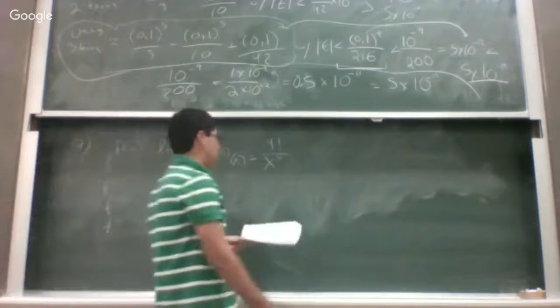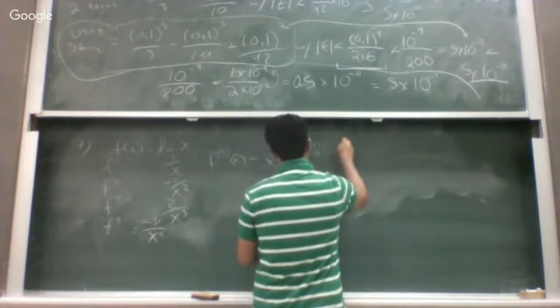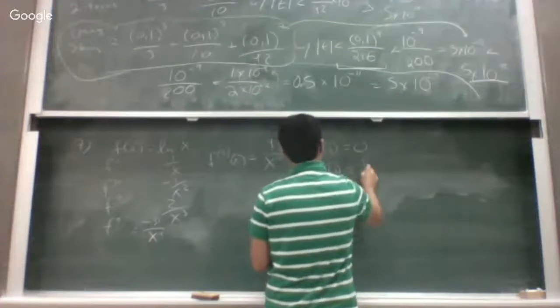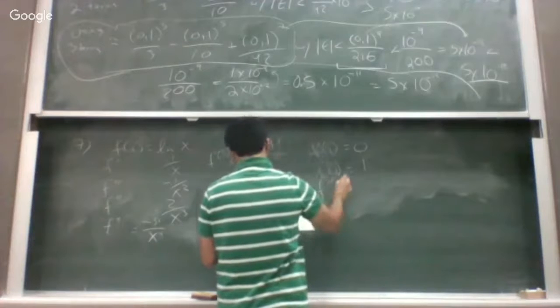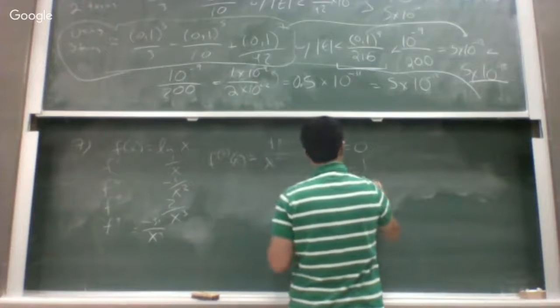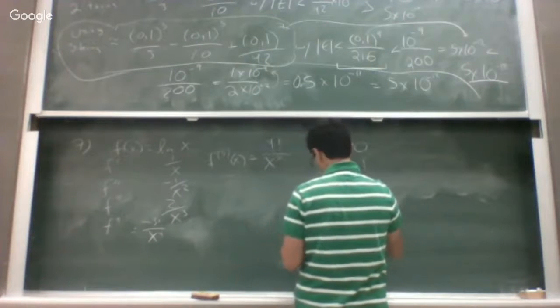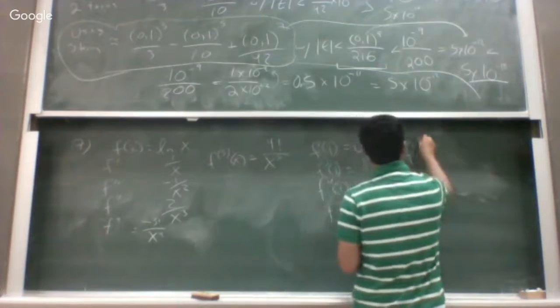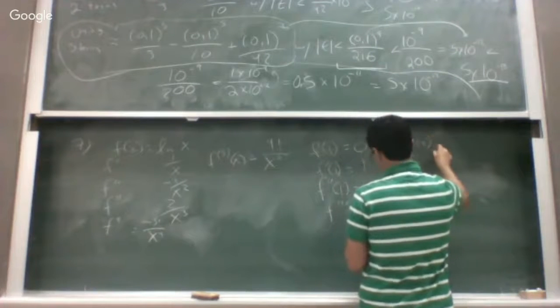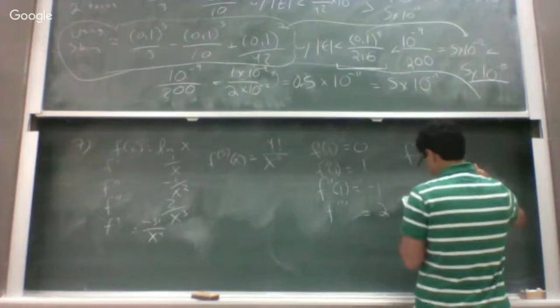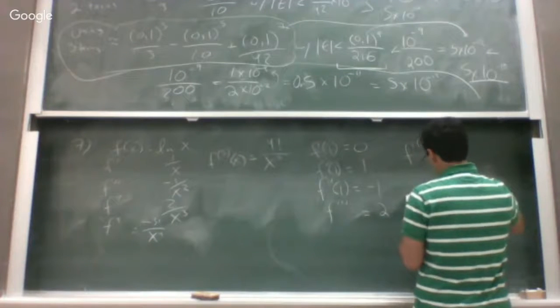And then you realize it's 3 factorial, 4 factorial, 5 factorial, dot, dot. So then when we have f of 1, we get 0. F prime of 1, we get 1. F double prime of 1, we get a negative 1. F triple prime of 1, we get a 2. F fourth prime, we get negative 3 factorial.